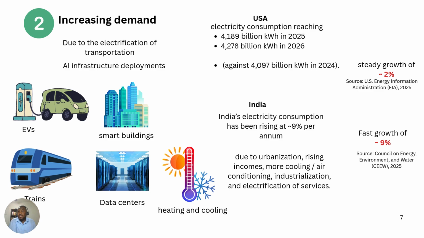But now, changing to electrifying transportation, electric cars, trains, and then making buildings smarter, and also the master of all of them, the fast adoption of AI, which is also increasing the building of data centers. All of these are factors that are driving the demand.